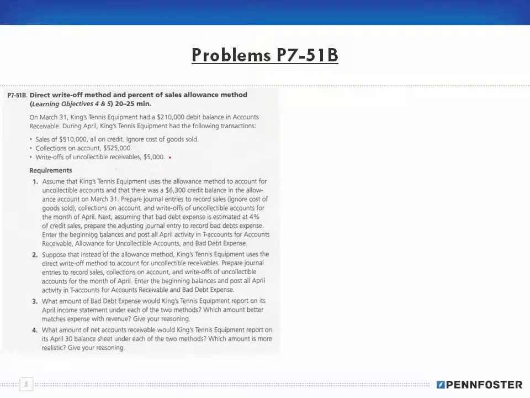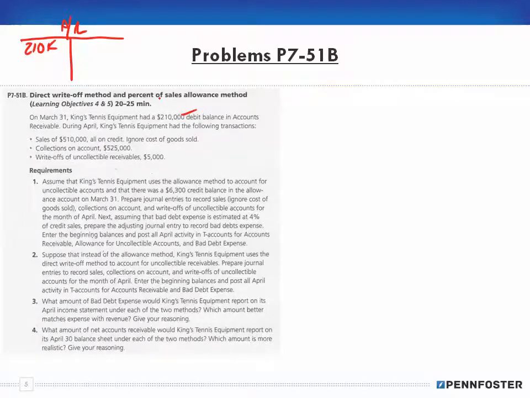All right, so why don't I do this? I'm going to draw a T account over here, call this accounts receivable, and it says here it had a balance of $210,000 in my accounts receivable.